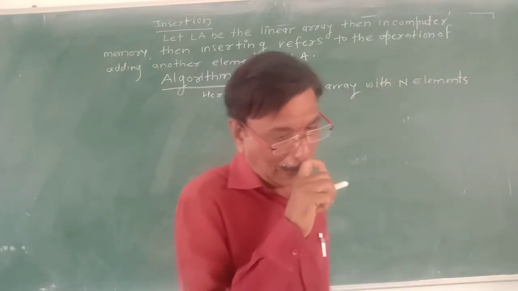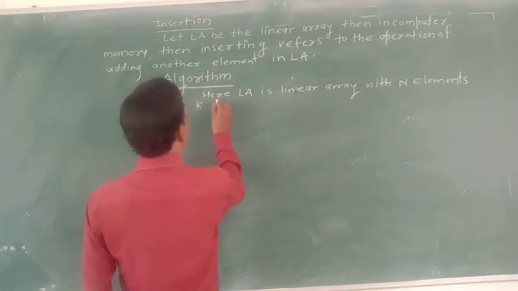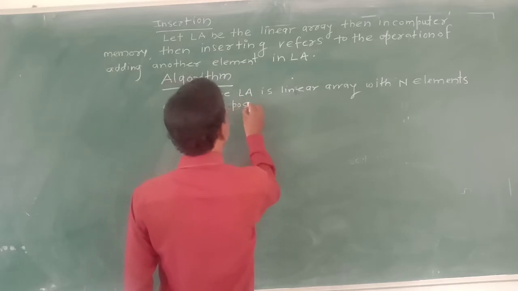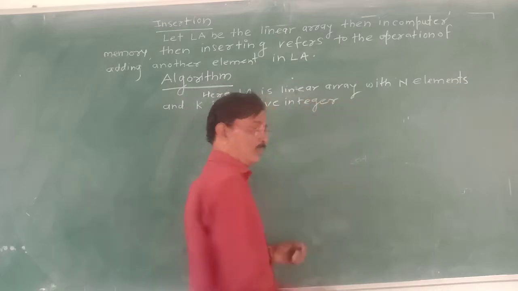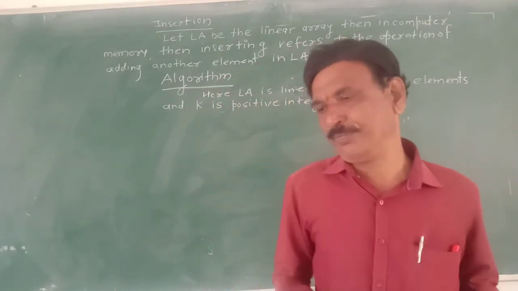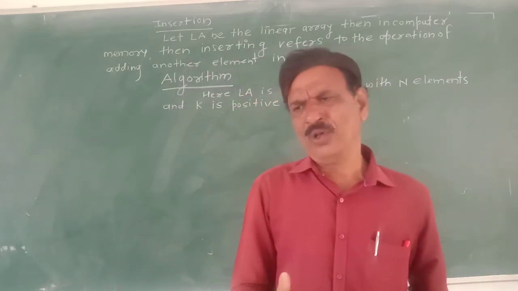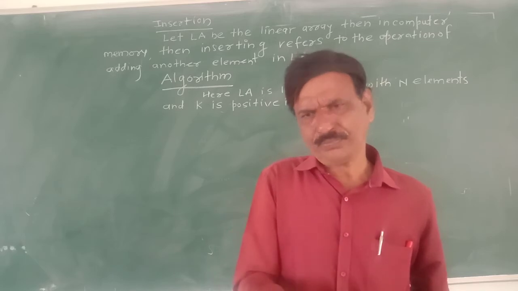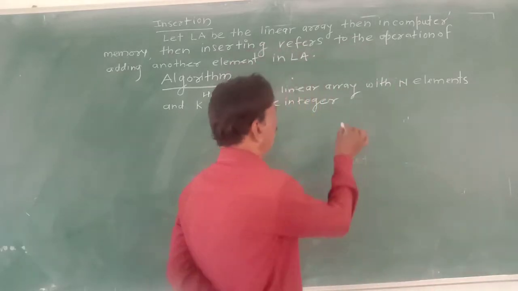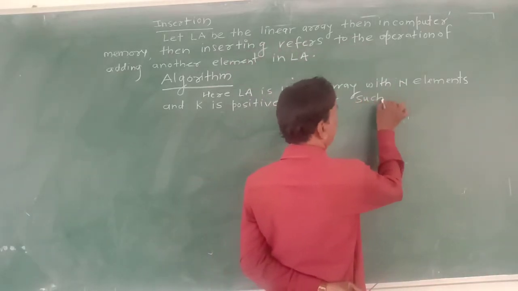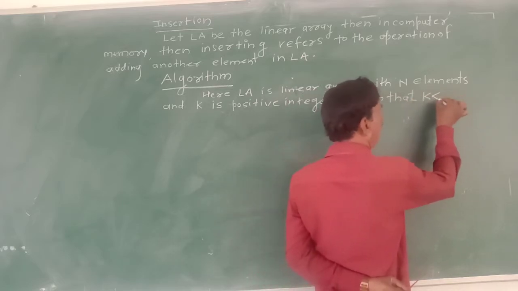And K is a positive integer. So K is here the position. Suppose n is equal to 5, so the array consists of 5 elements. The new element must be added somewhere between 1 to 5, so K must be smaller than or equal to n.